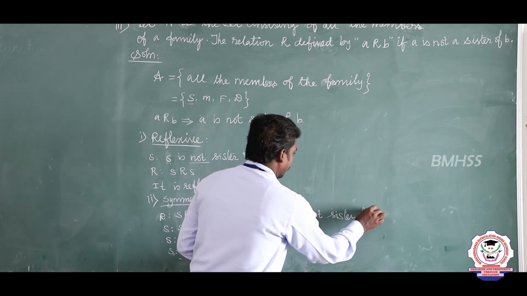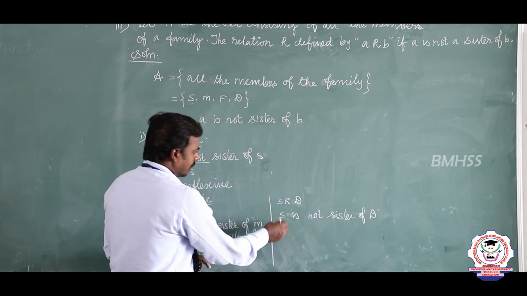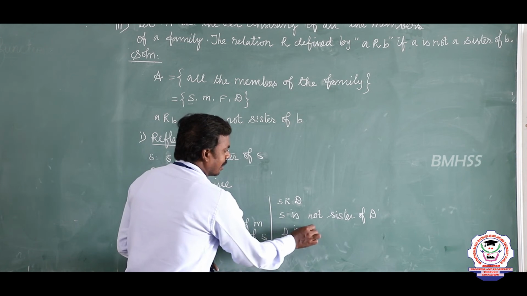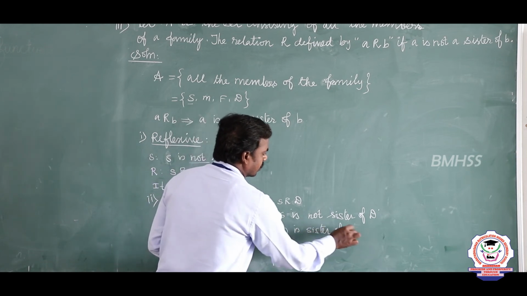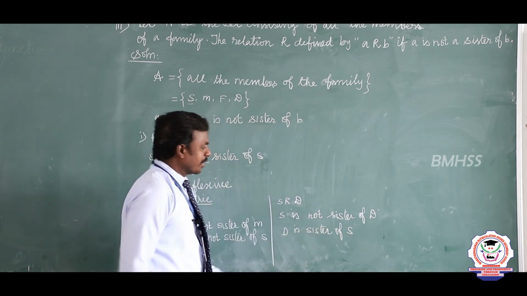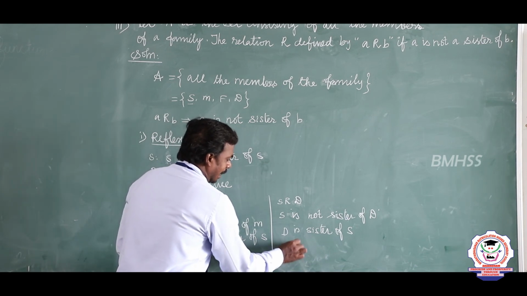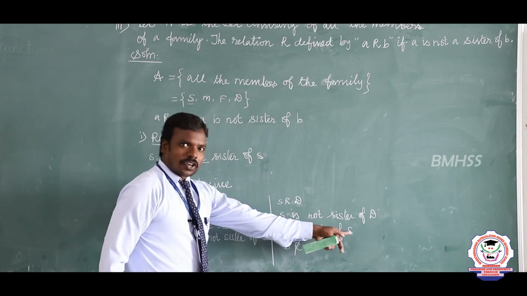The symmetric condition, same thing in the reverse: D is sister of S. Do you understand? D is sister of S. From this, the statement D is not related to S, because daughter is sister of the son.